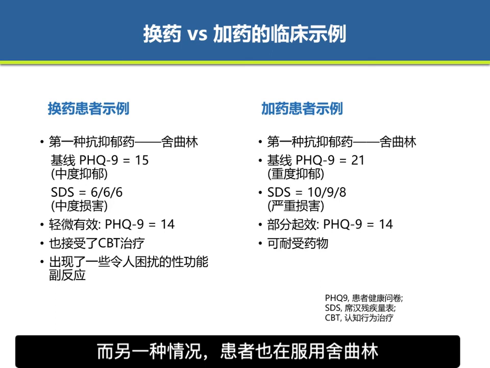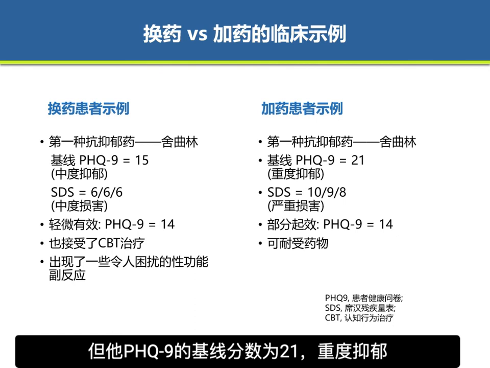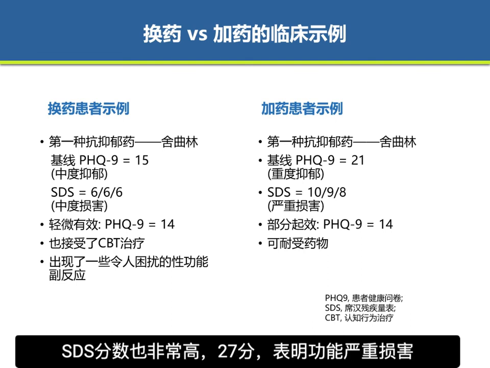In contrast, here's a patient who's also treated with sertraline, but this time their baseline PHQ-9 was 21, indicating that they were severely depressed. Their Sheehan Disability Scale score is also very high, 27, indicating severe functional impairment.